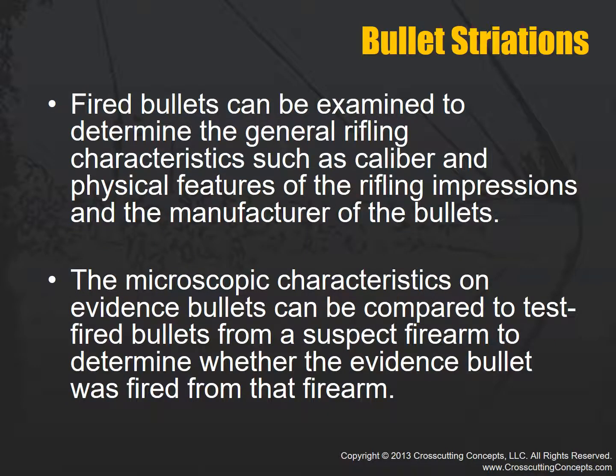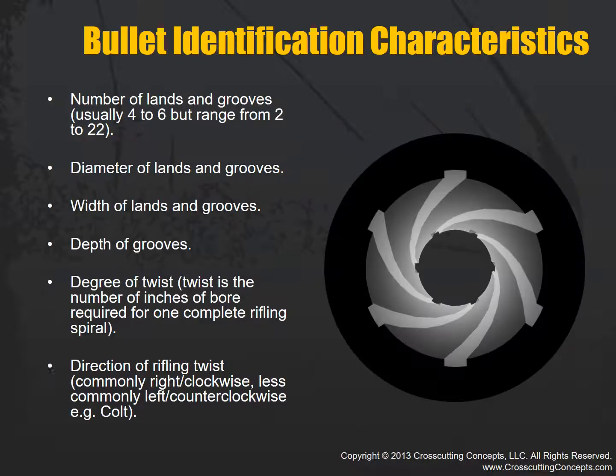Okay, so fired bullets can be examined to get the general rifling characteristics such as caliber, the physical characteristics of the rifling impressions, and the manufacturer. Microscopic characteristics can be compared to test-fired bullets from a suspected firearm, and that can be used to determine if the bullet in a crime came from the specific firearm.